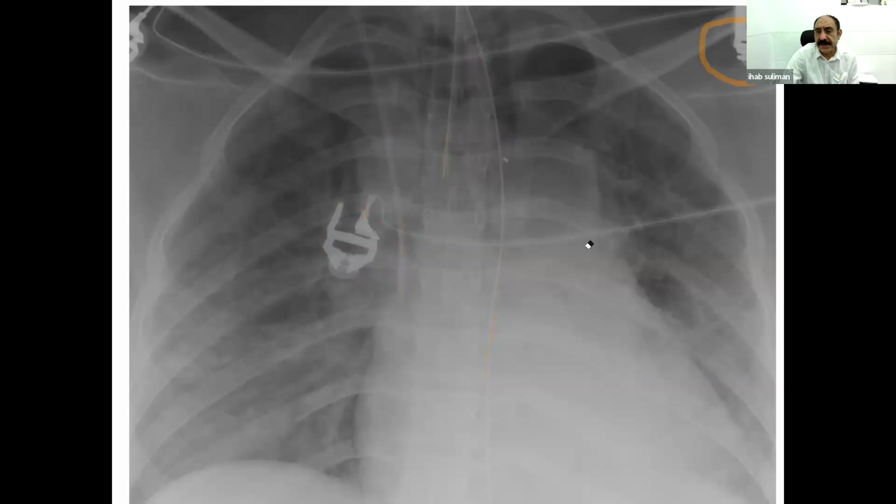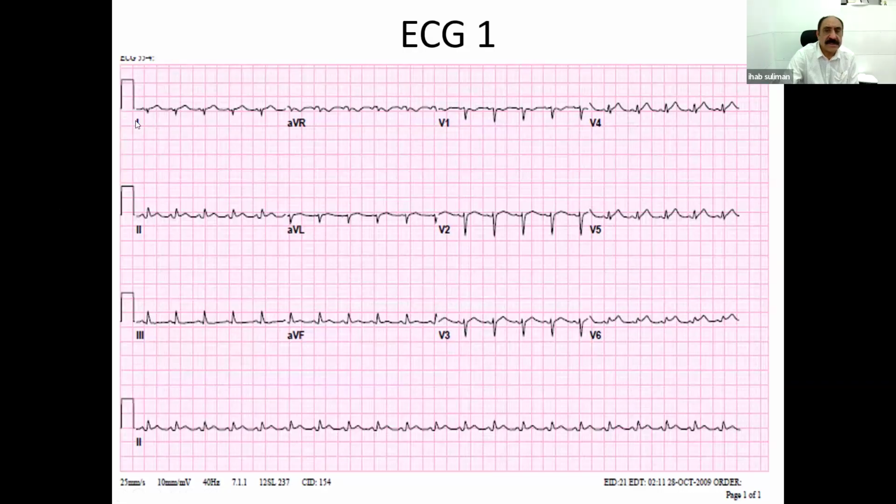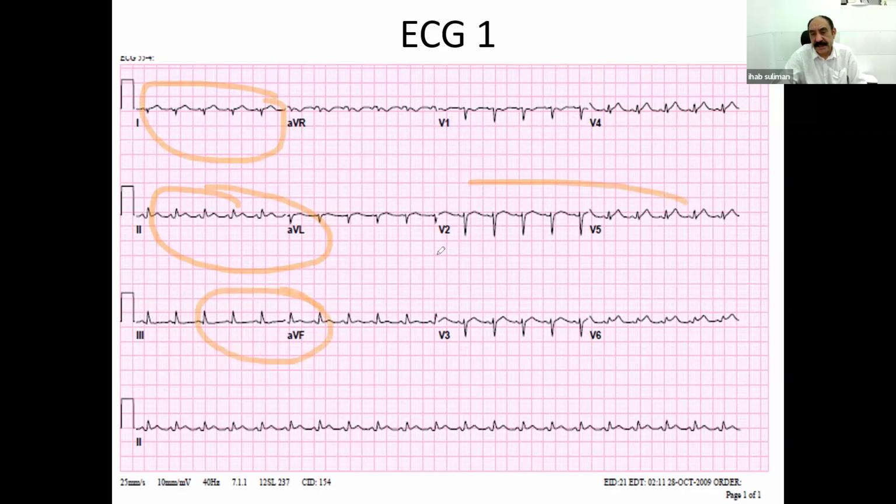She was referred to cardiology because of abnormal ECG and a raised central venous pressure. So what do you observe on the ECG? Any suggestion? So the ECG is showing maybe the heart rate is 90, 95, but if you look at the voltage here in the limb leads, it is like a low voltage ECG.